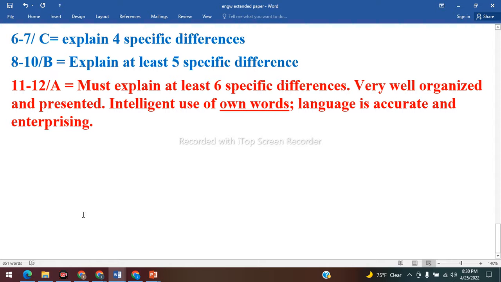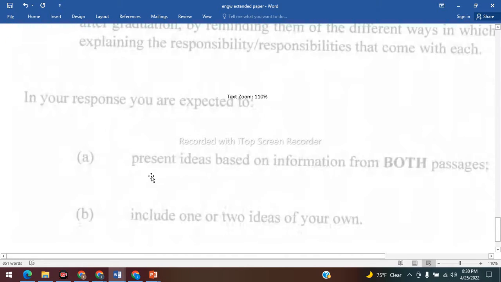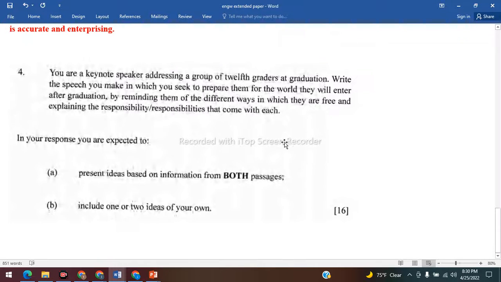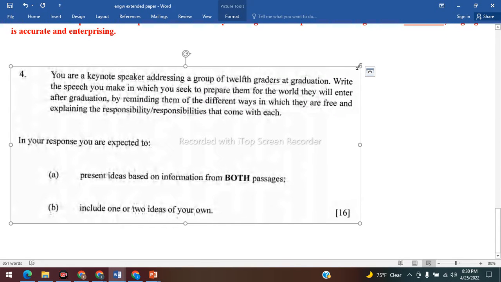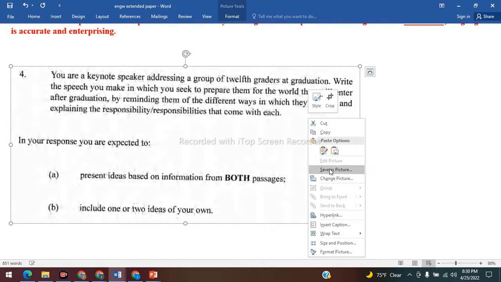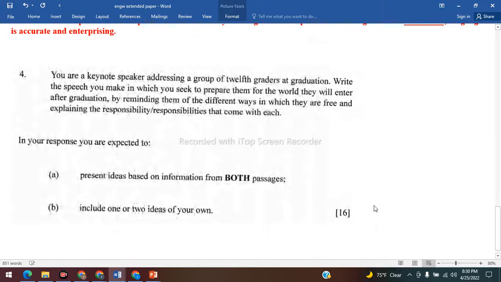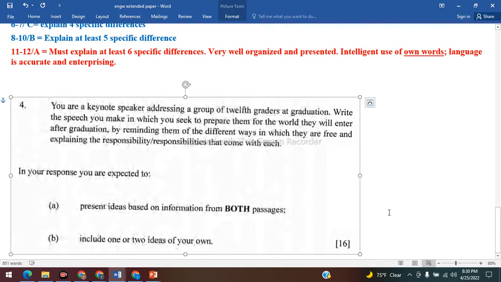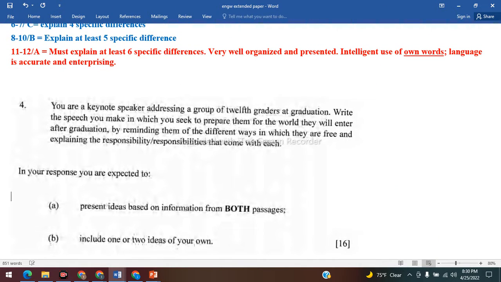Now, mind you, you may not think that this is relevant, but when I was in grade 12 preparing for the BGCSE, they gave us this paper just to practice. I didn't think it was relevant, and I never knew that one day I would have to do an actual speech at a grade 12 graduation. But then it ended up happening. So you never know.